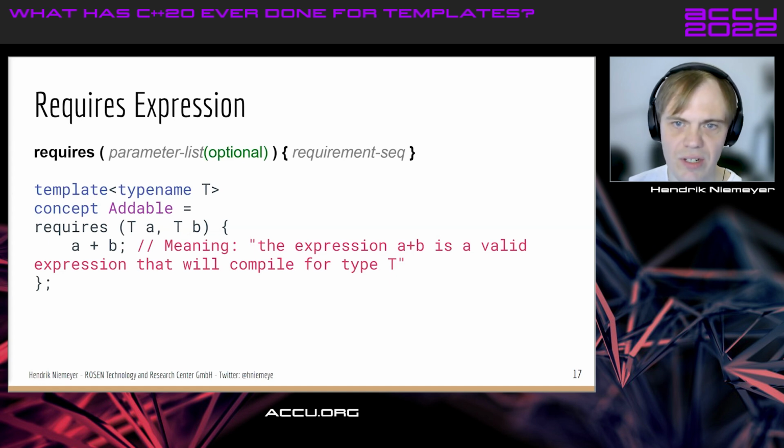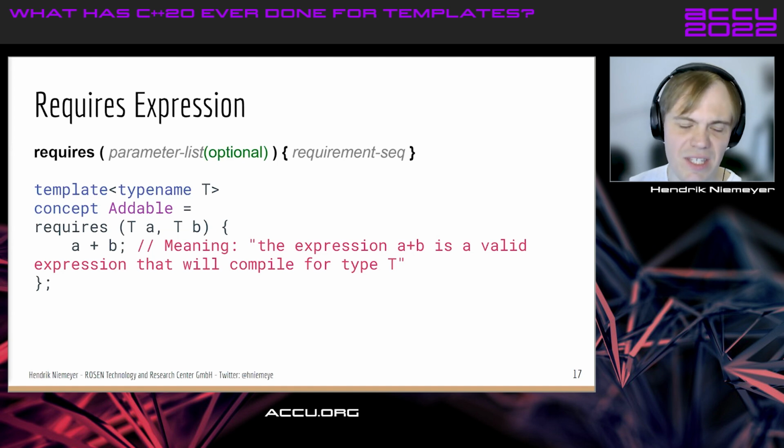So the parameter list is a comma-separated list of parameters, like you usually have in a function declaration, except that default arguments are not allowed and it cannot end with an ellipsis. And these parameters have in general no storage, linkage, or lifetime, and they are only used in specifying requirements. And these parameters are in scope until the closing curly braces of the requirement sequence.